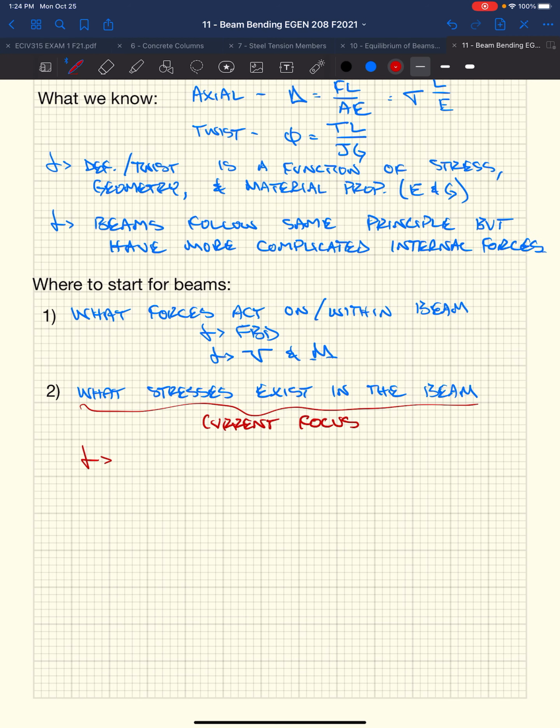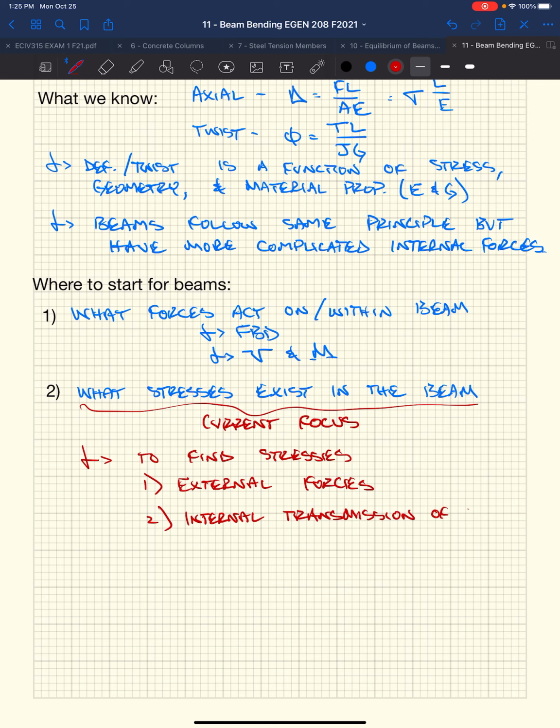Well, to find stresses, we first need to know what our external forces are. We also need to figure out how is our internal transmission of force and stress.